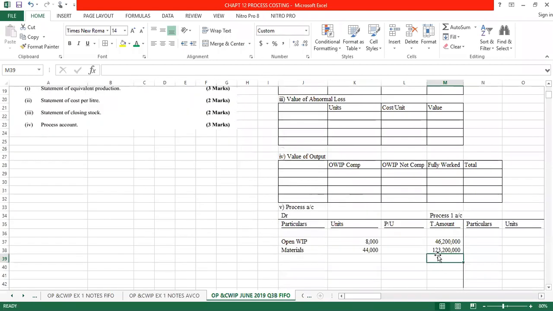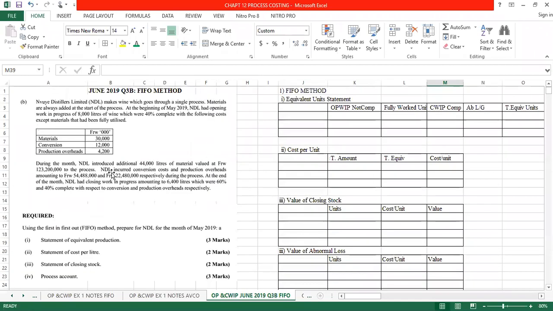When I read, I go and post it. We continue. NDL incurred conversion costs and production overheads amounting to 54,022,480.